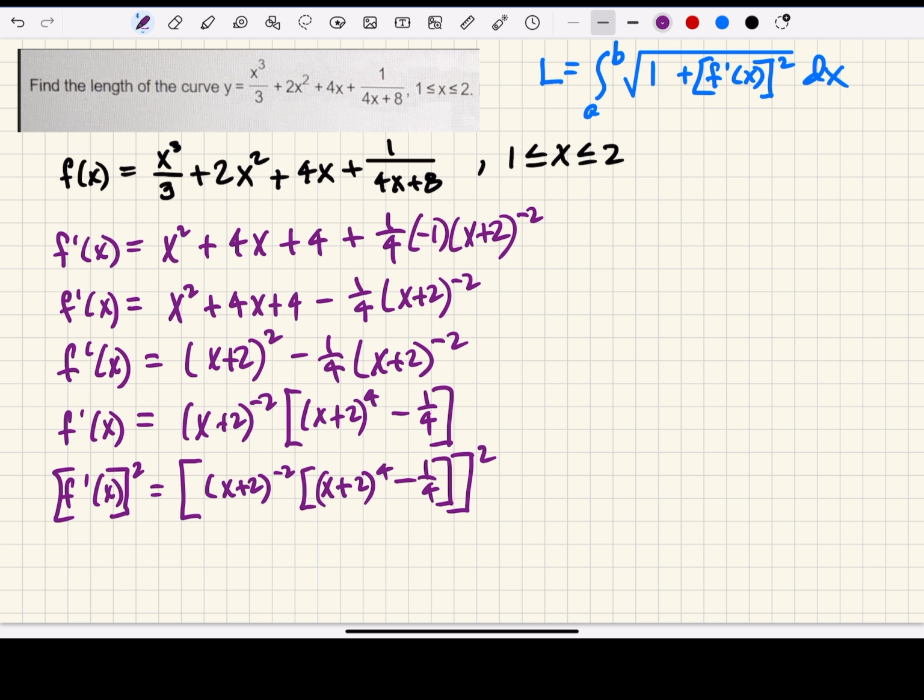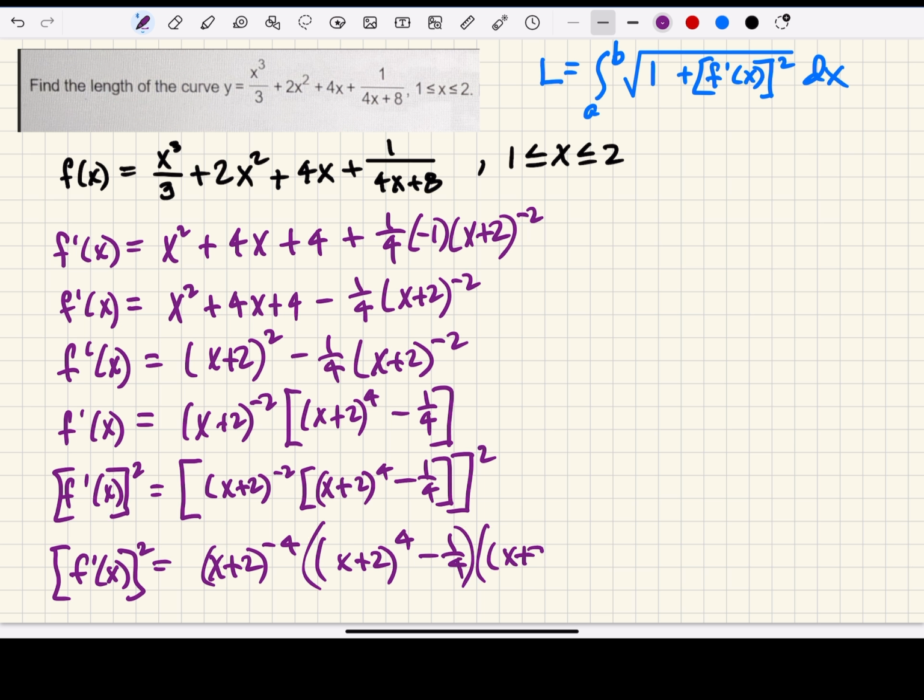So in the first factor, the square of the derivative is x plus 2 to the negative 4, and then times x plus 2 to the 4th power minus 1/4 times itself, x plus 2 to the 4th power minus 1/4.